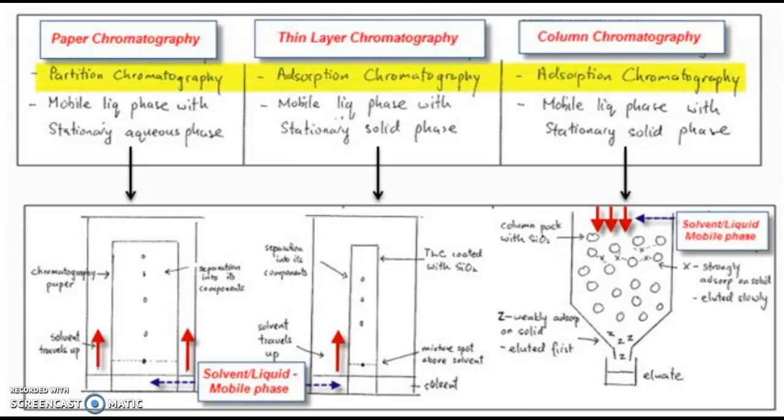Paper chromatography has the mobile liquid phase with stationary aqueous phase, while thin layer chromatography has the mobile liquid phase with stationary solid phase. And column chromatography has a matrix which is used to separate molecules based on size and affinity, and it has the mobile liquid phase with stationary solid phase like thin layer chromatography.